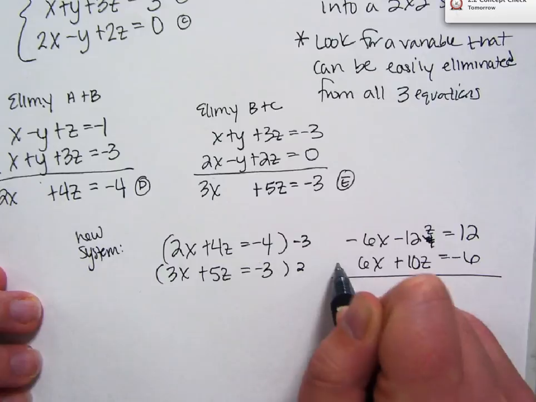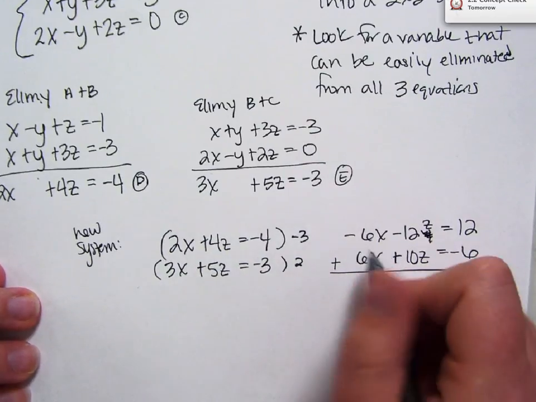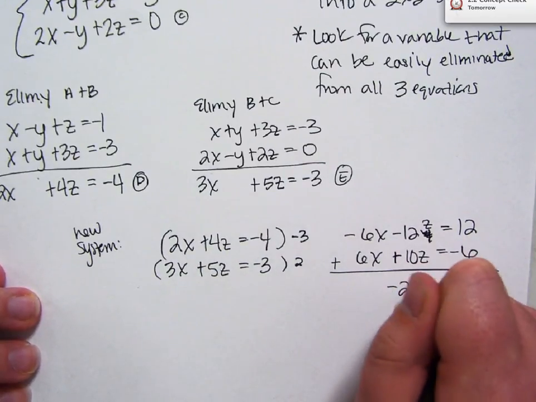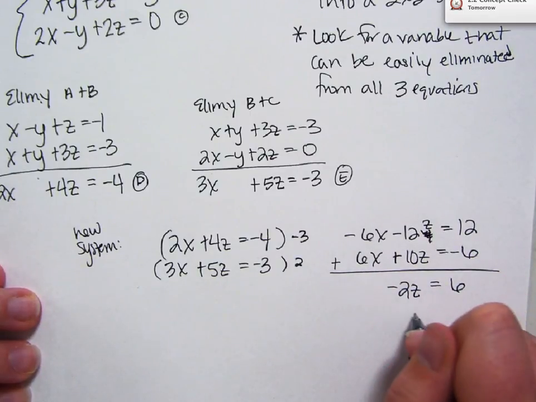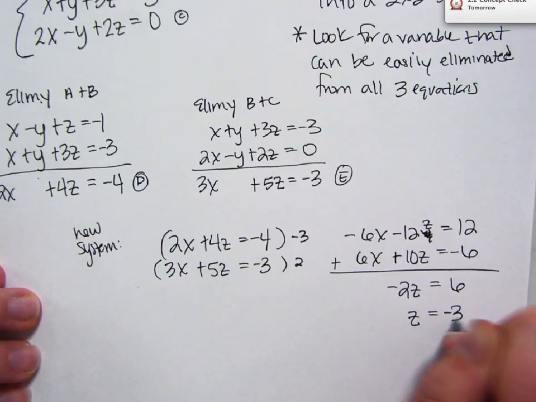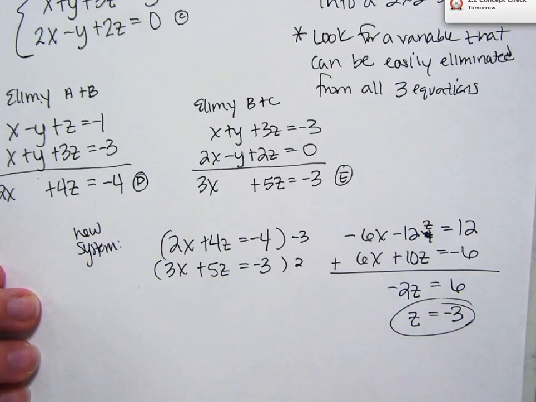Add those equations together. The x's will cancel. Negative 2z equals 6, and then divide by -2, z equals -3. So we found our first variable, z, is equivalent to -3.